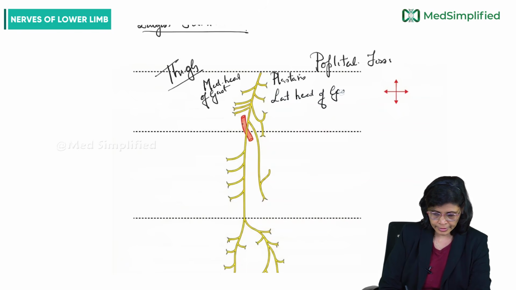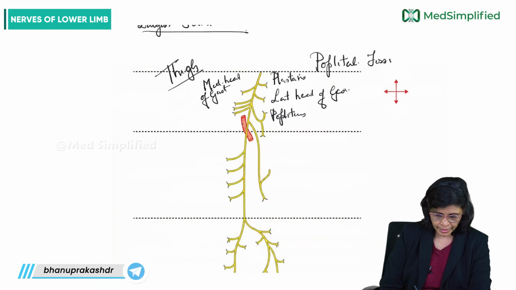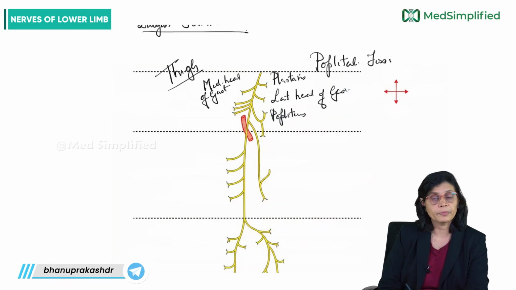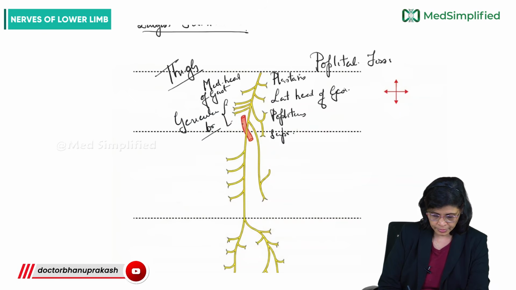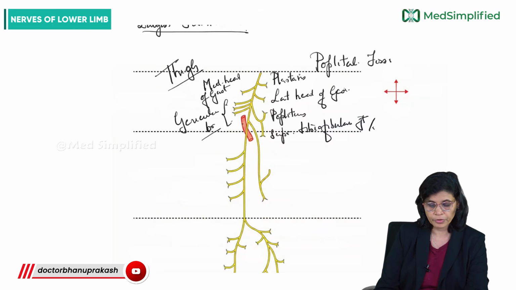Then it also supplies the popliteus muscle, and here it gives branches to the knee joint, that is genicular branches, and it also supplies the superior tibiofibular joint.